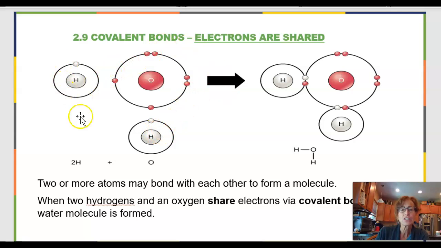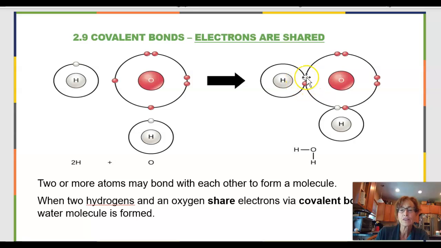But the fact is that they can share with something else, in this case hydrogen. So if you look at the reaction, these are the reactants, 2 hydrogen and 1 oxygen, that are going to yield water, which you are familiar with. And the way water forms is through this bonding, this sharing of electrons of hydrogen with oxygen. So it shares this unpaired electron.